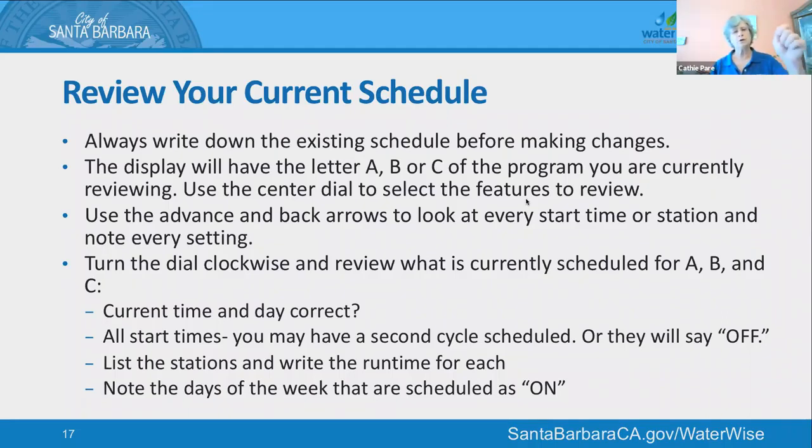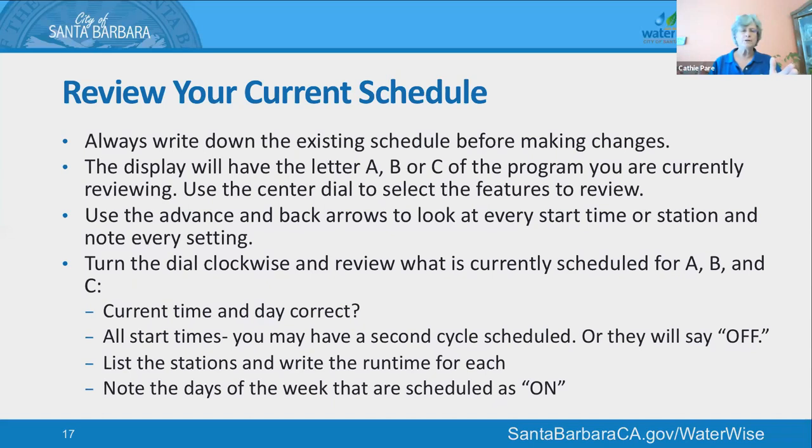So make sure you're on program A, turn that center dial, check the current date and time, obviously, make sure it's the right date and the right year, go to start times, and you will have multiple start times. So you want to look at and write down the multiple start times, and then go to run times.